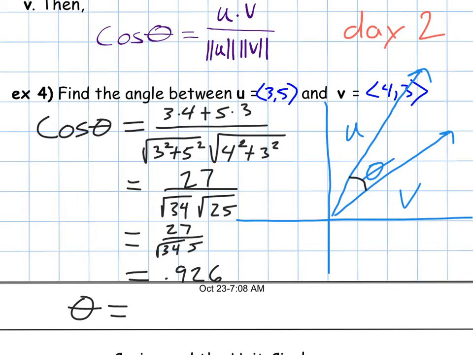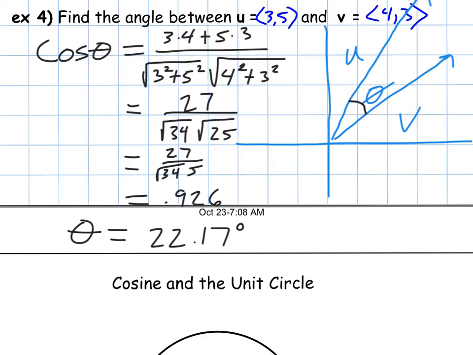But we don't. Inverse cosine of 0.926 is about 22.17 degrees. Which, if we relate that back to our diagram, seems consistent. That looks to be somewhere in the ballpark of about a 22-degree angle.